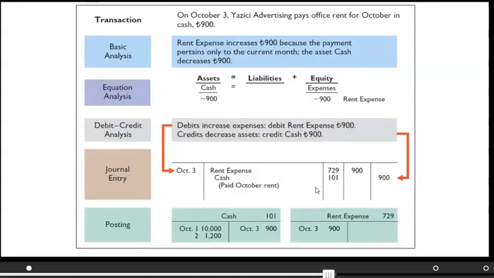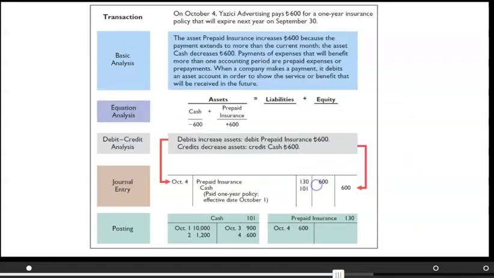Then I paid the rent. Well, this is straightforward. An expense is always debit. So you debit the expense, and I paid with cash, so I credit cash. Then I bought insurance. Now, if I pay for insurance, insurance will be an expense, but if I prepay it for a whole year, then it's an asset called prepaid insurance, and the asset increased.